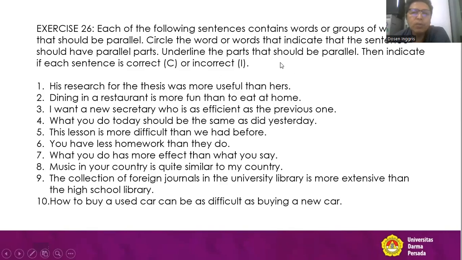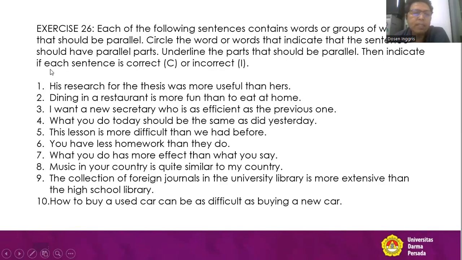So you need to circle, okay? And then underline the part that should be parallel. So we are talking about the two things compared in the sentence. So you underline what are the two things compared in the sentence. And finally, indicate if each sentence is correct or incorrect.